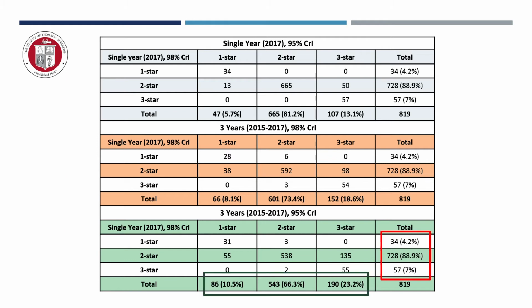Not surprisingly, the greatest increase in proportions of 1- and 3-star outliers occurred with 3 years of data and 95% credible intervals. Compared with the current 1-year samples and 98% credible intervals, the proportion of 1-star participants more than doubles from 4.2 to 10.5%, and the proportion of 3-star programs more than triples from 7% to 23.2%.